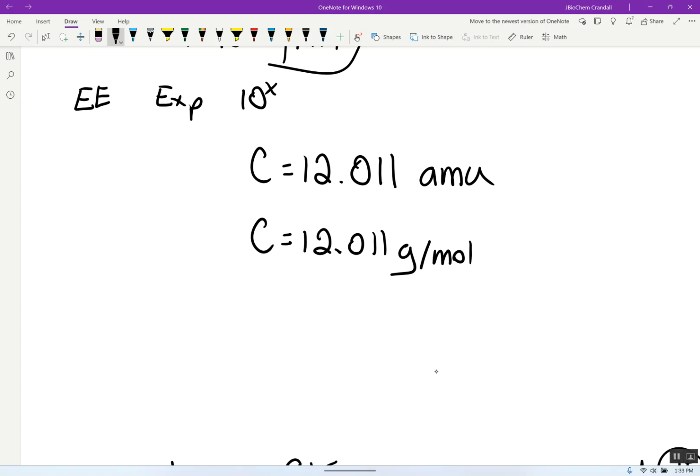So, if I get a sample of carbon and I get exactly 6.022 times 10 to the 23rd atoms of carbon, which includes the carbon 12, 13, and 14, right?